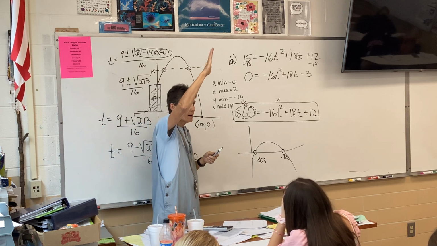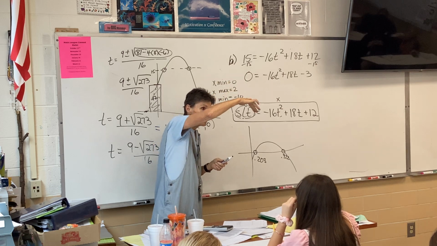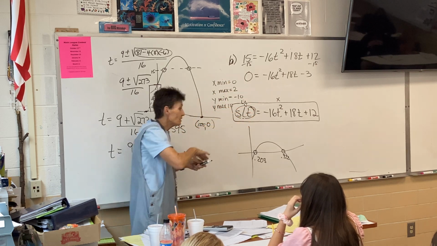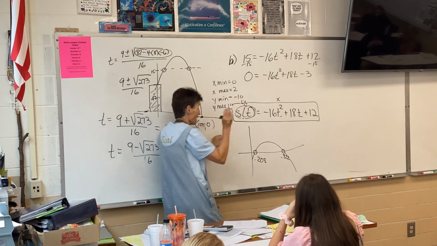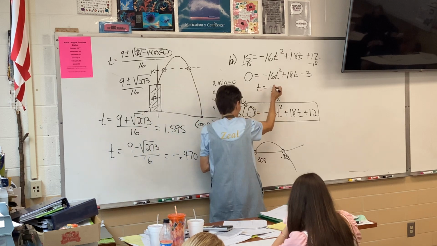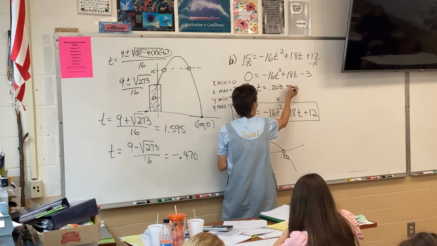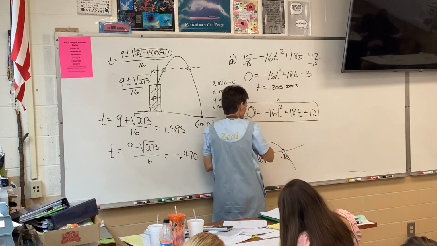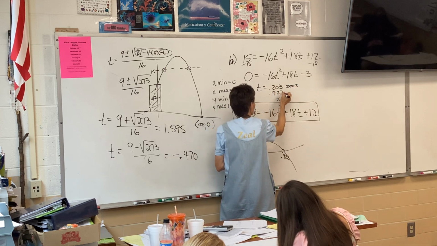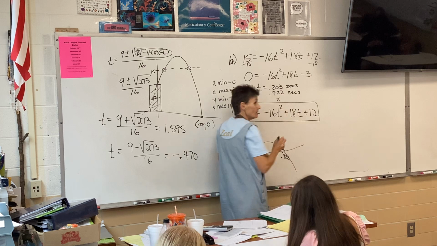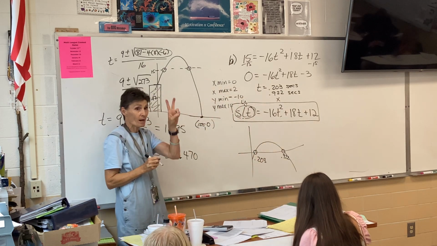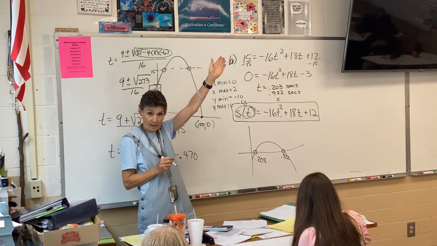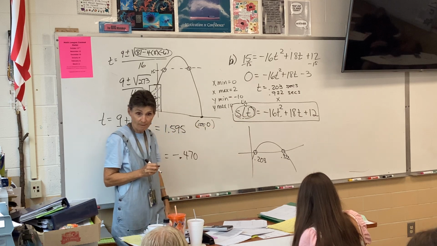Once on the way up and once on the way down. So this question B actually has 2 answers. It's 15 feet above the ground after 0.2 seconds and after 0.922 seconds. It's 15 feet above the ground twice. Once on the way up and once on the way down.